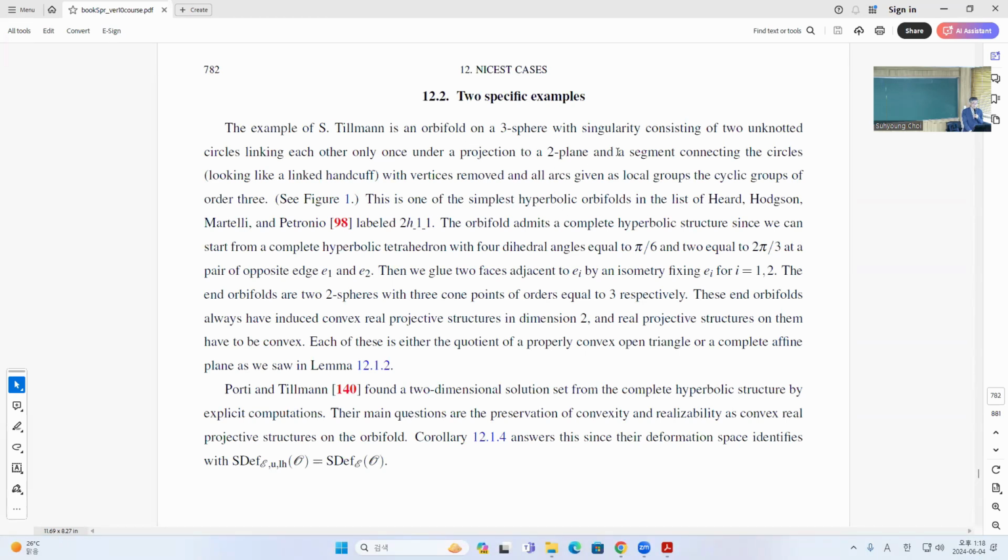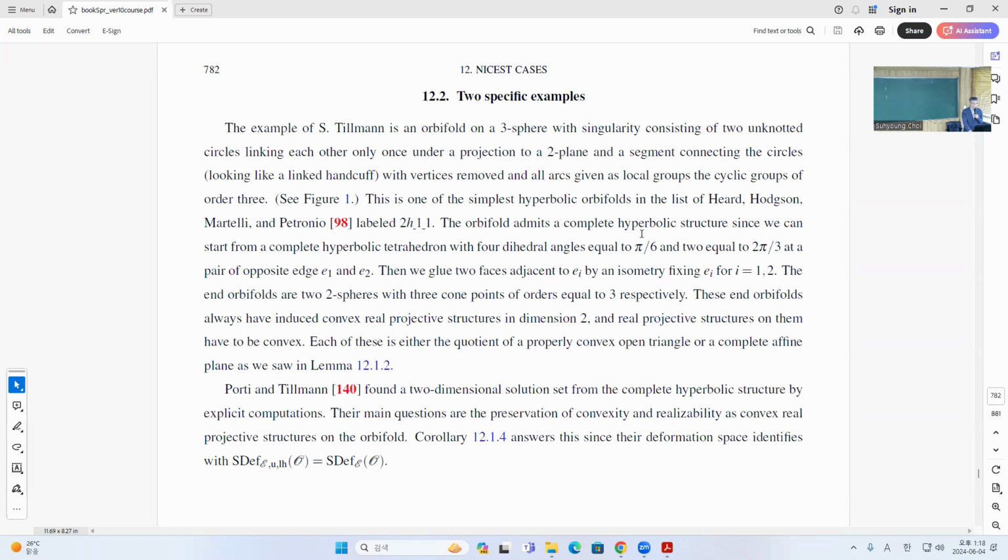So Thurston has this. There's some list of hyperbolic orbifolds given by Hild, Hodgson, and Martelli. They have some list of simplest hyperbolic orbifolds.